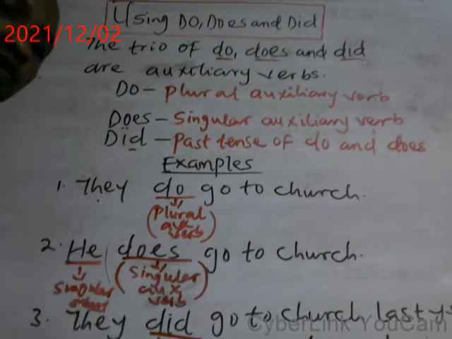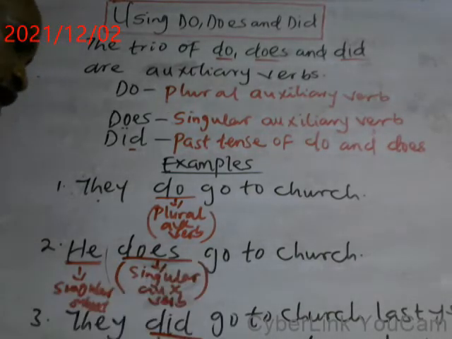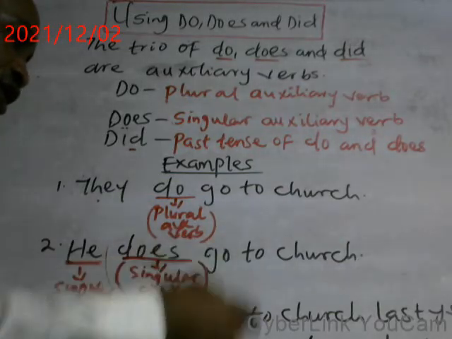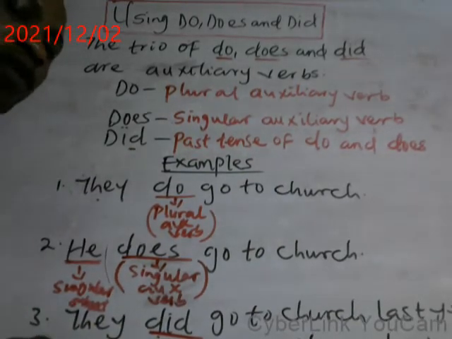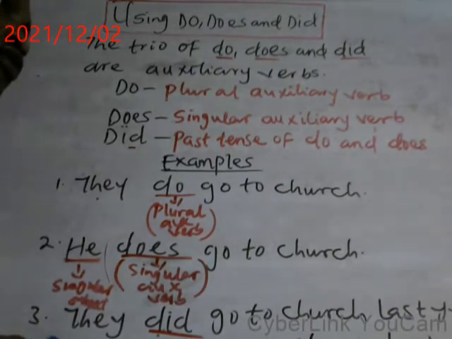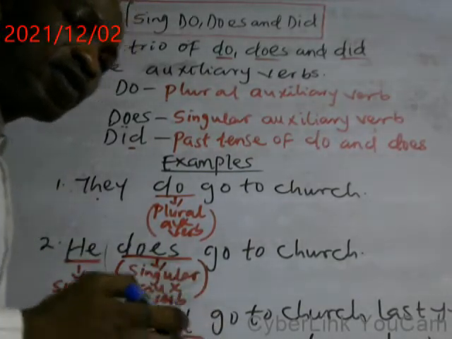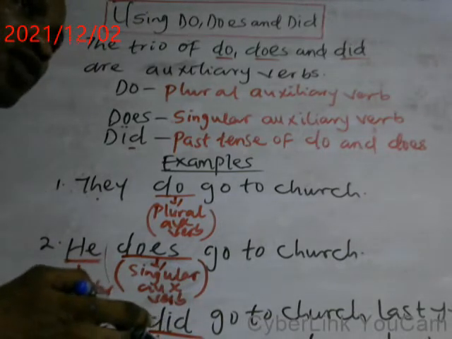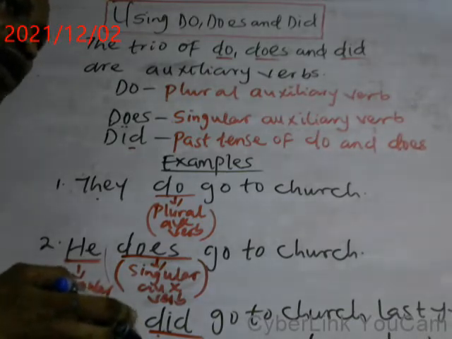We can also have something like, he did go to church last year. Look at it now. Because the action I'm referring to is in past tense, then I can use what? Did. And when you look at the subject, the subject is singular. But as the subject is singular, it is already in past tense.